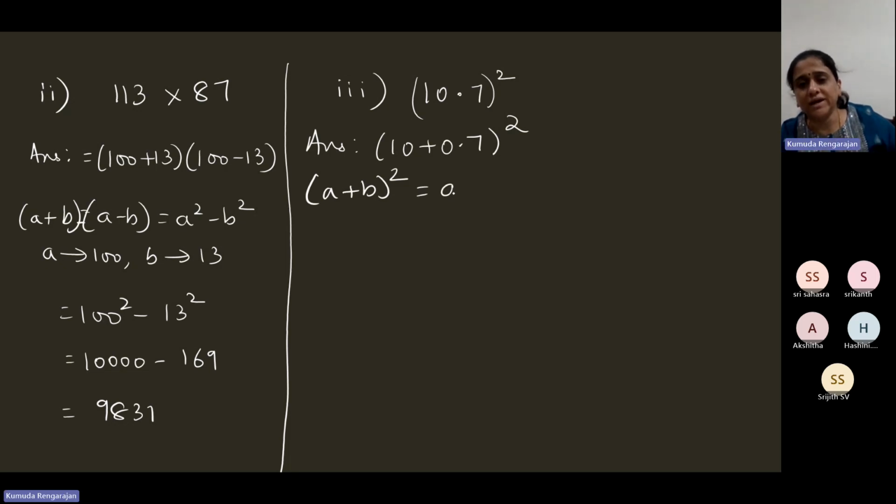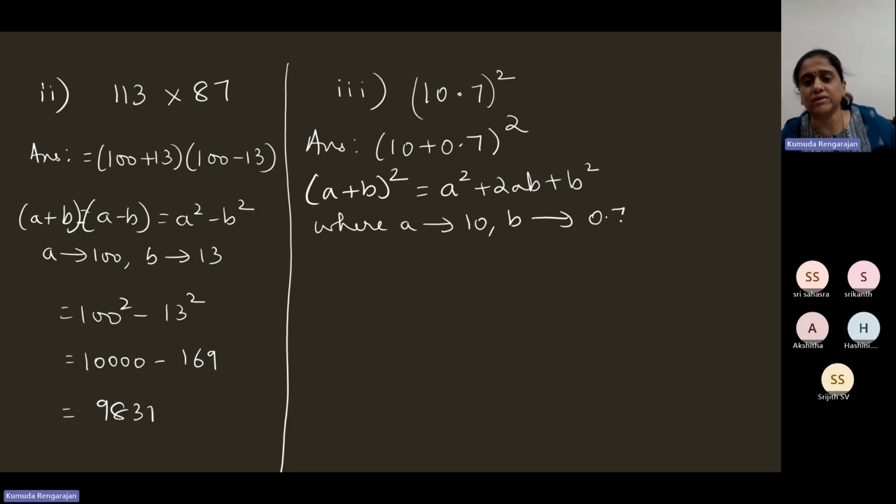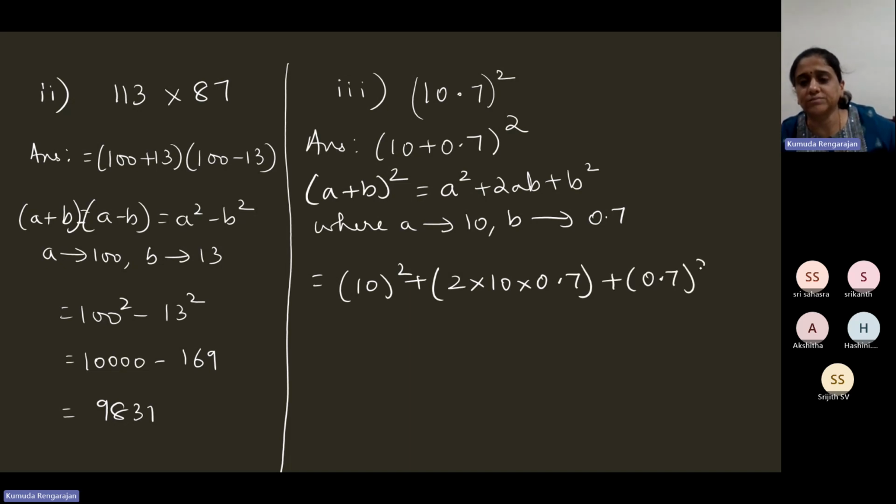So the answer will be a squared plus 2ab plus b squared, where a is 10 and b is 0.7. So a squared, 10 squared, plus 2 into a into b, 2 into 10 into 0.7, plus b squared, 0.7 squared.